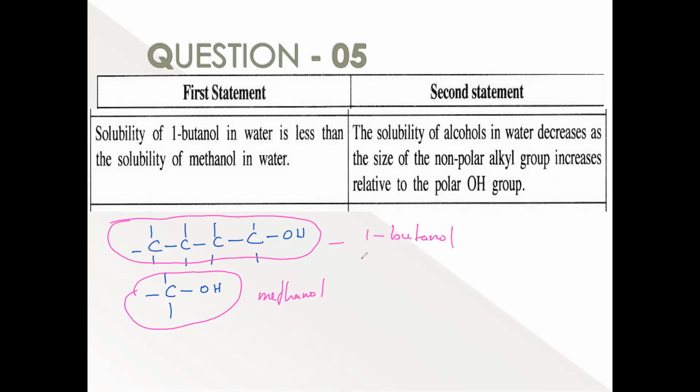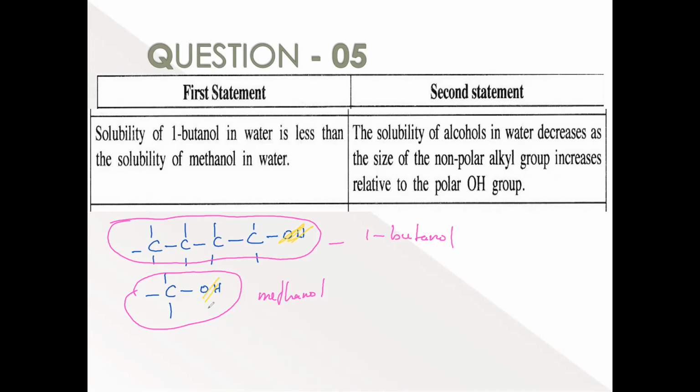What we are talking about here is the solubility of the alcohol. If you want to speak about the solubility of the alcohol, this alcohol is always able to form the hydrogen bond with water molecules. This OH group is able to make the hydrogen bond with water molecules, then only it favors the solubility.